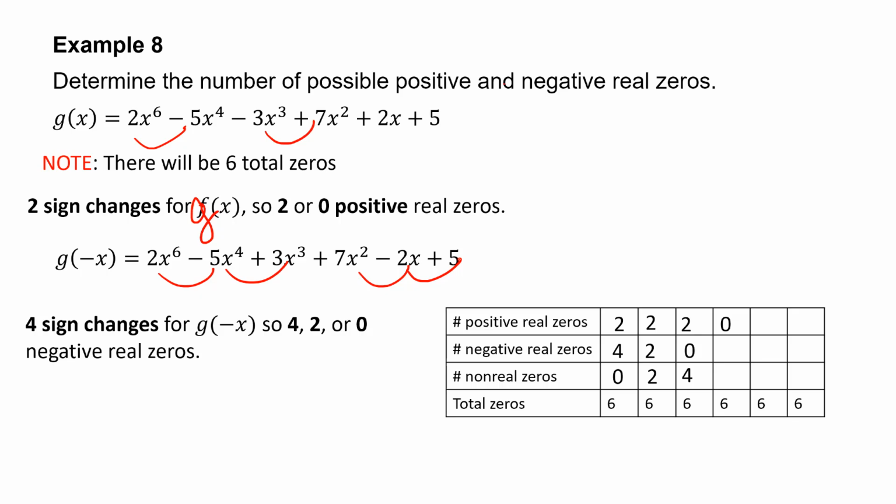So if there are 0 positive real zeros and 4 negative real zeros, you'd have to have 2 non-real zeros to add up to 6. If there were 0 positive real zeros and 2 negative real zeros, you'd have to have 4 non-real zeros to get 6. If there were 0 positive and 0 negative real zeros, you'd have to have 6 non-real zeros for that polynomial to have 6, as it should.